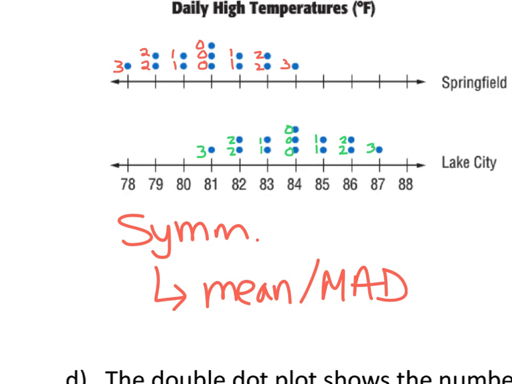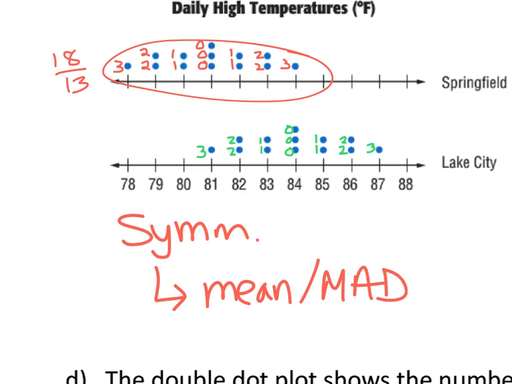So now what we do is we take these numbers and we average them. So let's add them all together and then divide by the total number. So 3 plus 2 is 5, plus 2 is 7, 8, 9, 10, 11, 12, 13, 14, 15, 16, 17, 18. The total is 18, and there are 13 data points.